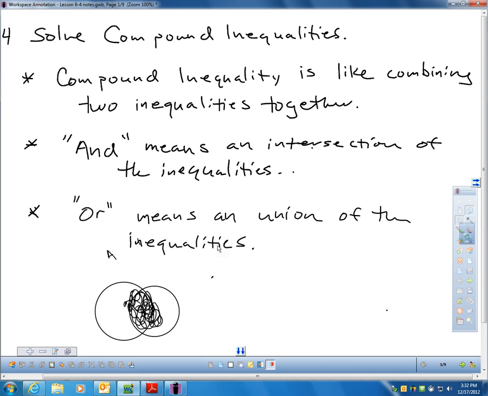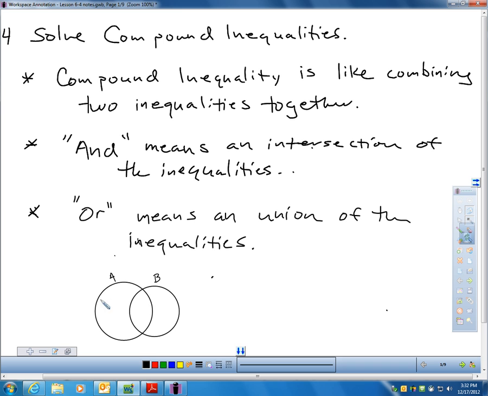Okay. "Or" stands for a union. That means what they completely combine together. Remember my baseball card example earlier in the year? If I took my Detroit Tiger set of cards and united them with the Lion set of cards, it'd be all the Lion and Detroit Tiger cards thrown together.